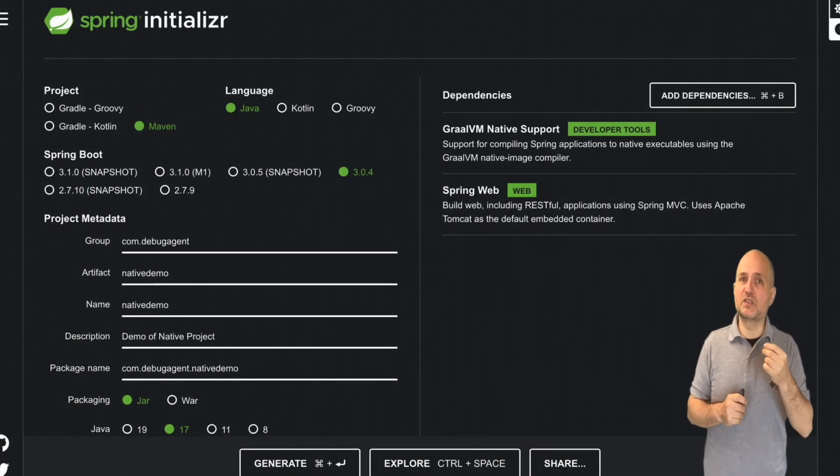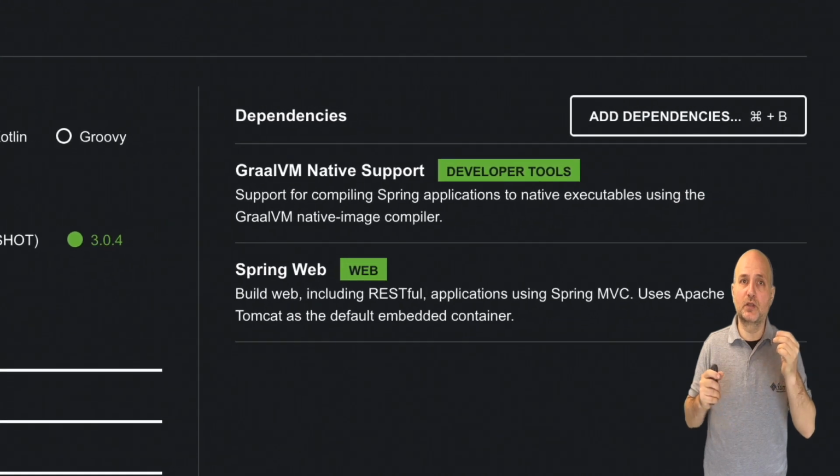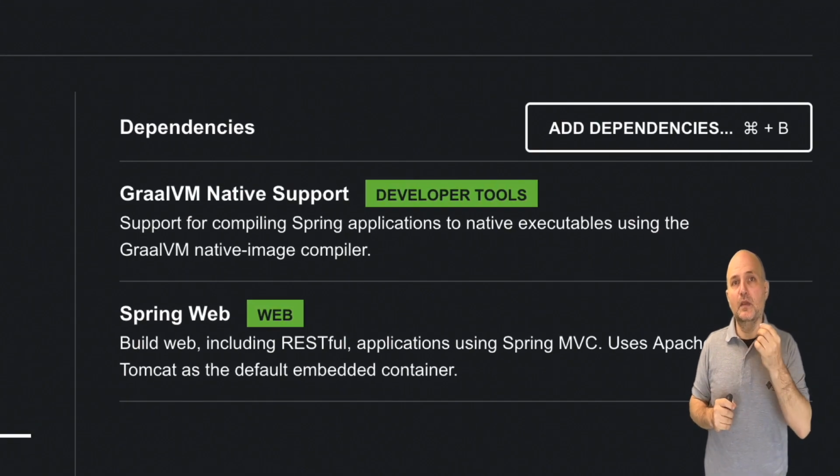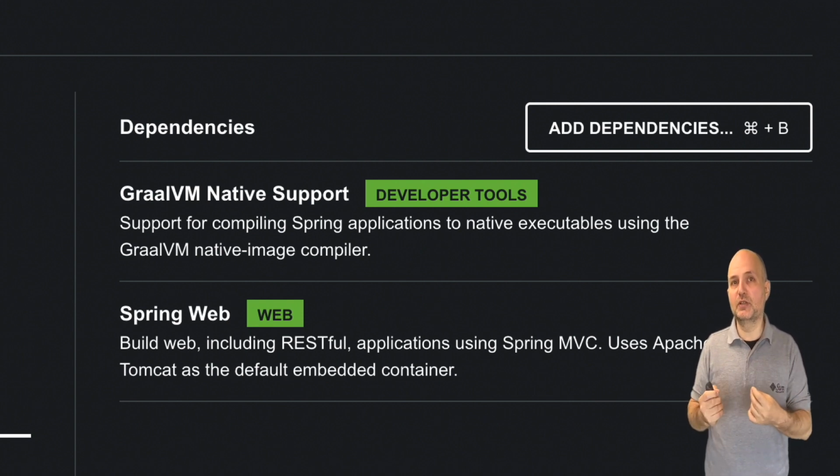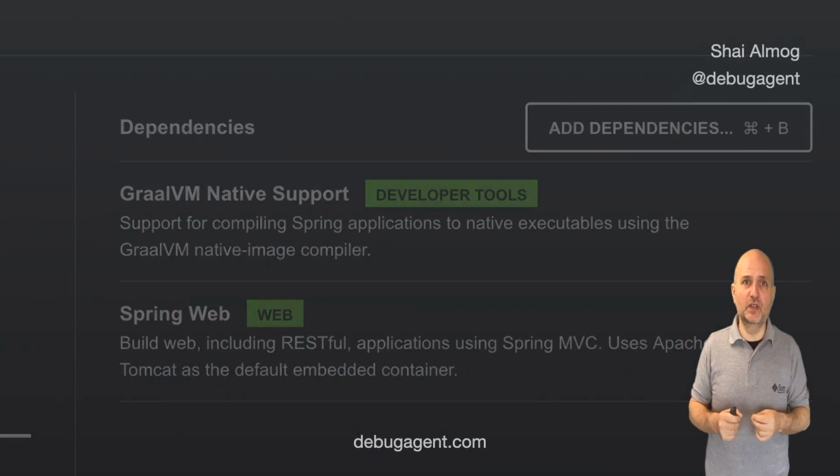Most Spring projects start in the Spring Initializer project, where we must add the Spring Native support option as seen here. It's the GraalVM native support option. Compiling a Spring Native application in the IDE is a painful experience. The build process is flaky due to several different reasons.